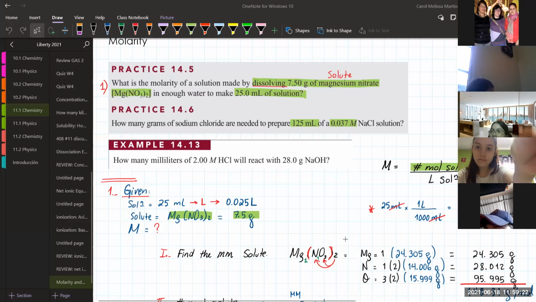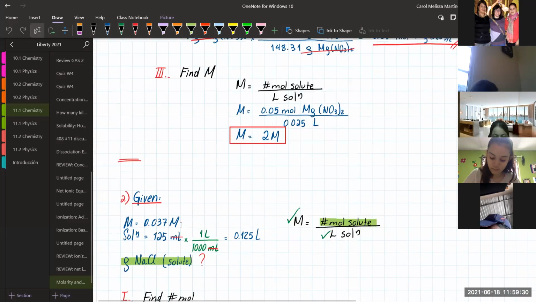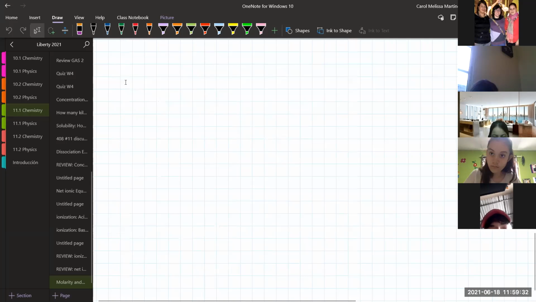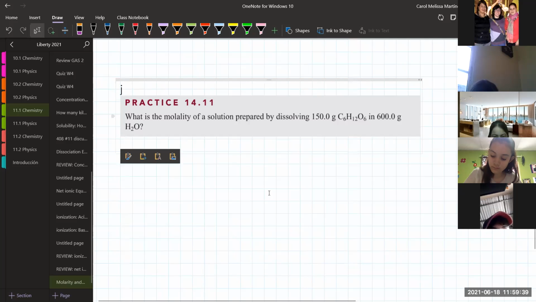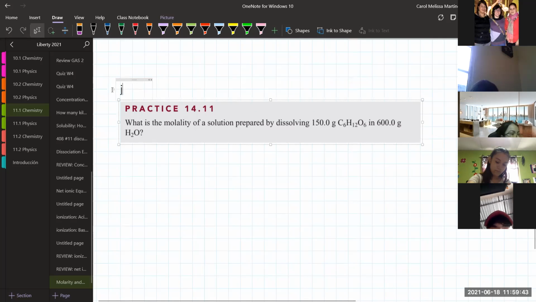Now, we're going to do one more example for molality. Let's take a look. Okay, remember what the equation for molality is.